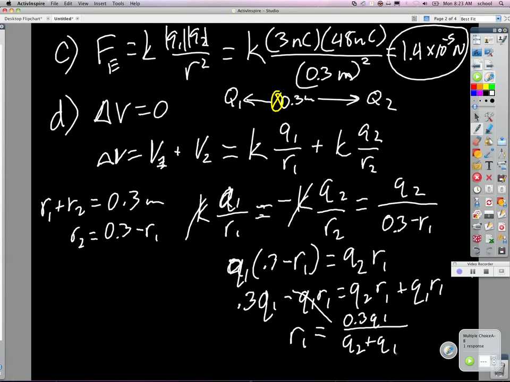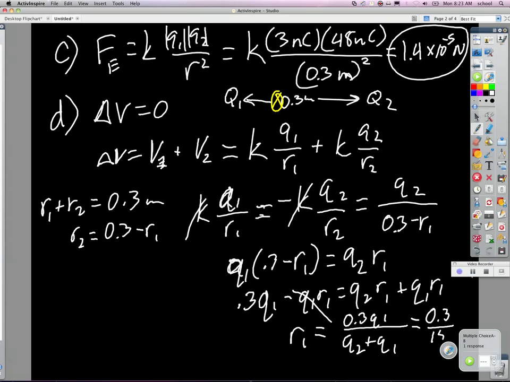Does that make sense? Let's put it through the logic test. Who's smaller, Q1 or Q2? This is not a difficult question. This one's smaller than that one, right? 3 is smaller than 48.